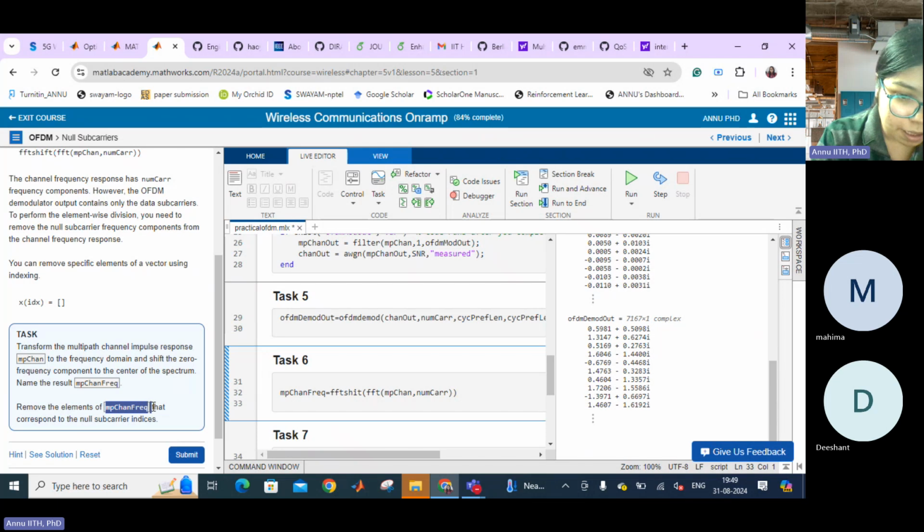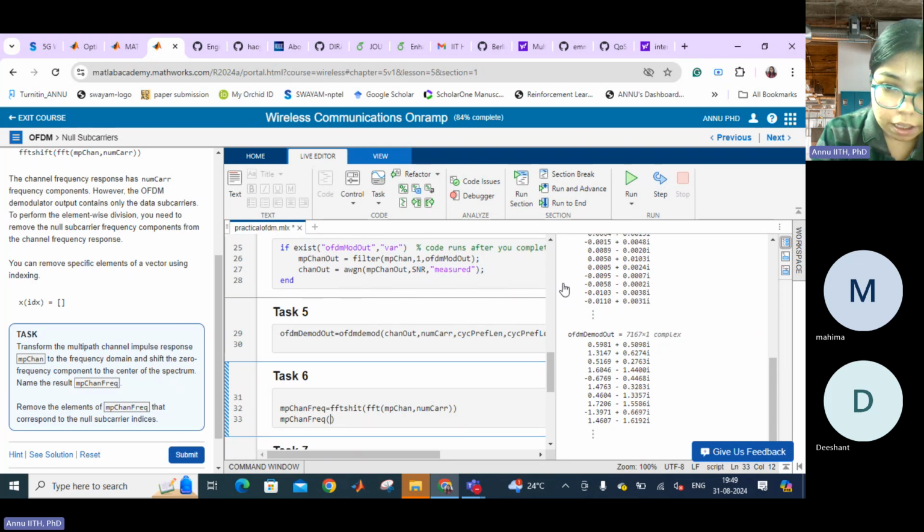Remove the elements that correspond to null subcarriers. So you can remove the elements of a vector. We need to remove this one, right?